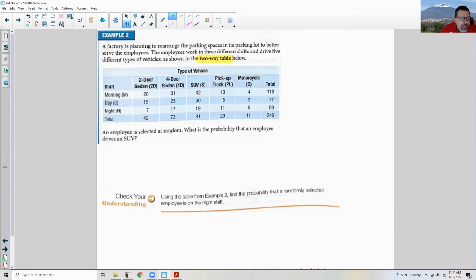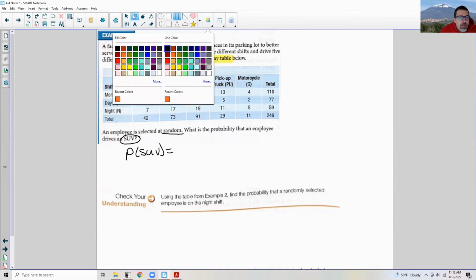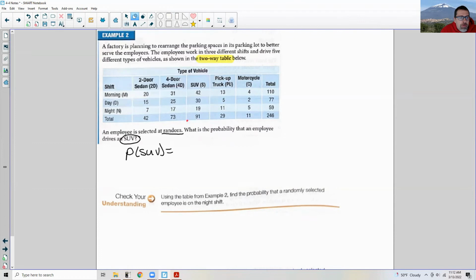An employee is selected at random, so it's a random selection. What is the probability that an employee drives an SUV? So the first thing you do is start out with probability of SUV equals, and you want the total SUV. So SUVs is this column right here. Okay, let me just do this neater. Let me use this. Okay, here's SUVs, and you want the total.